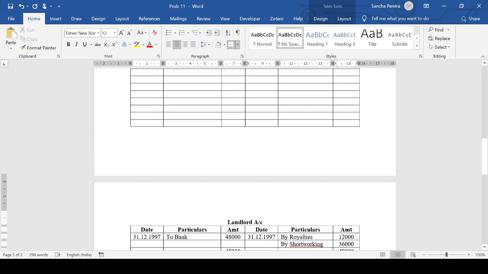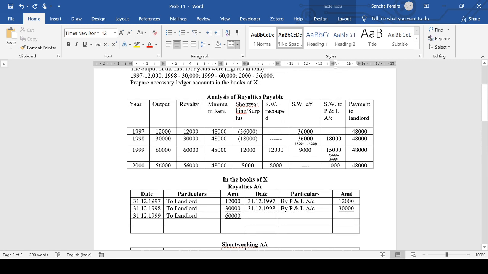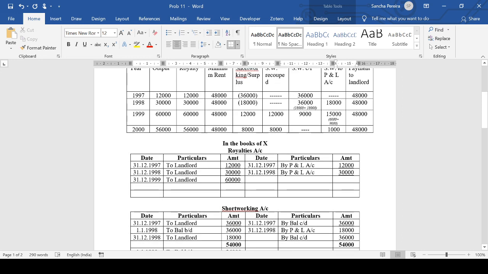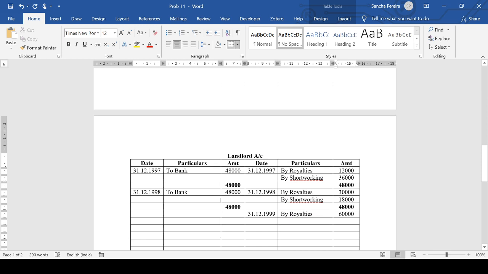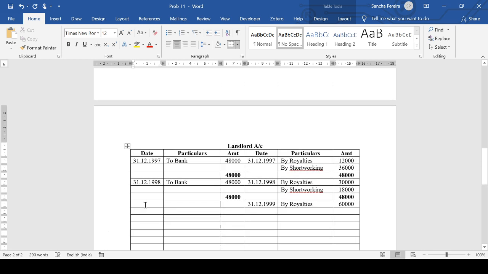Next we come to the payment, which is landlord account to bank, and in case any short working is recouped, to short working. So we have a short working that's recouped. So it is landlord account to bank and we will also have to short working because part of it is recouped.